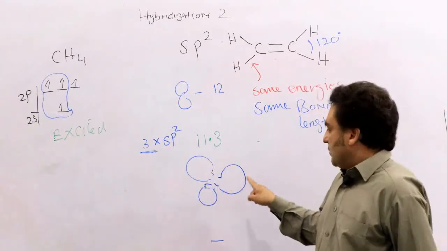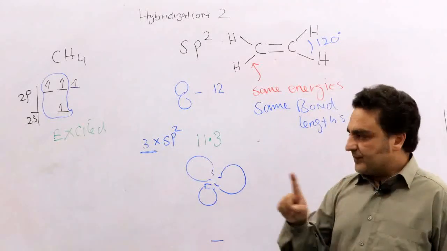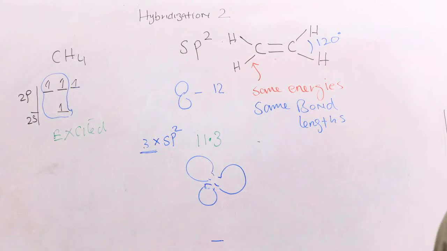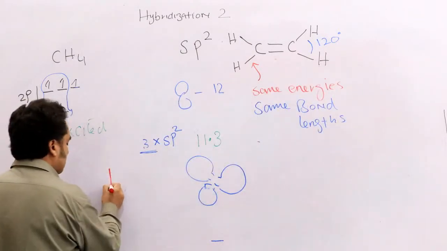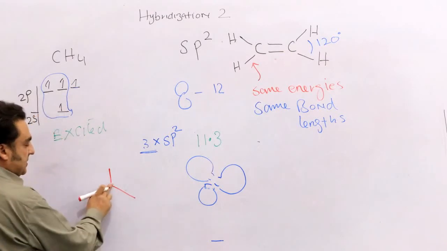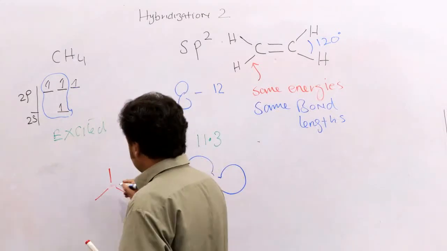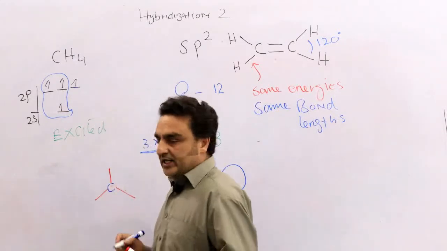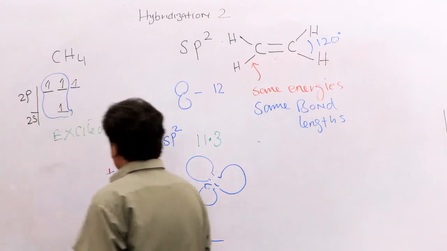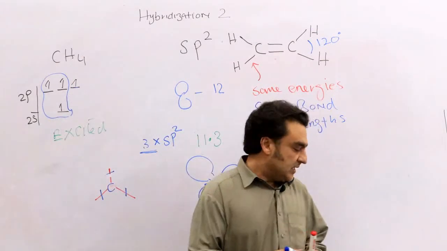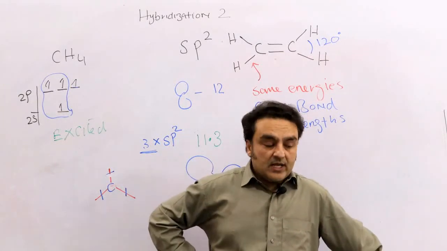So now we saw how the sp2 orbitals are arranged. They are arranged like 3 blades of a fan, at 120 angle, 1 2 3. In the center this is carbon, and these are the orbitals, okay. Each orbital has 1 electron in it, and each electron is capable of forming a bond, okay.